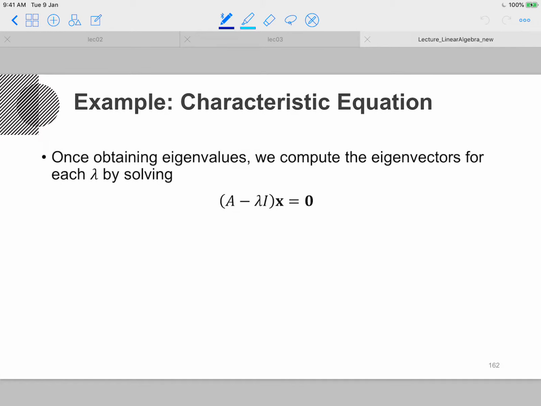So there is a notion of geometric multiplicity and algebraic multiplicity. So far, we at least understood the requirement for the matrix A to have eigen decomposition, which is having n linearly independent eigenvectors.